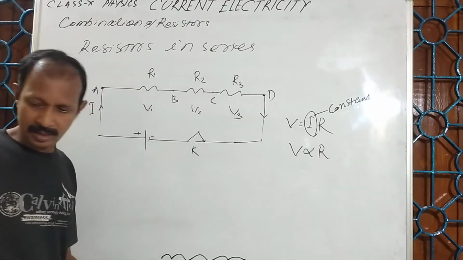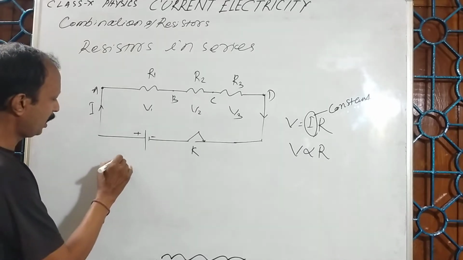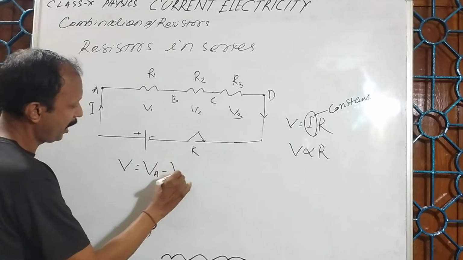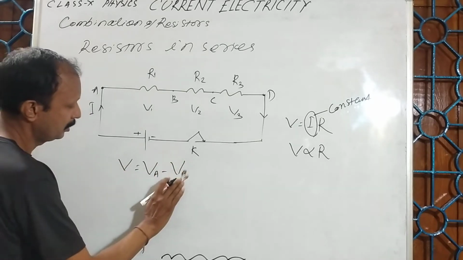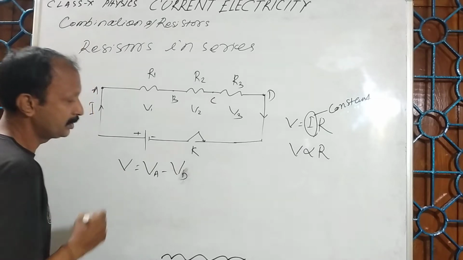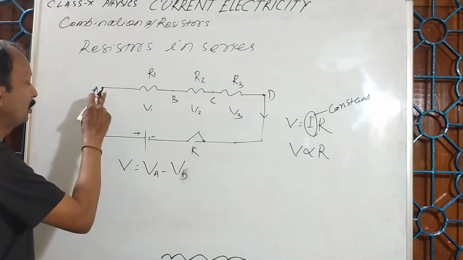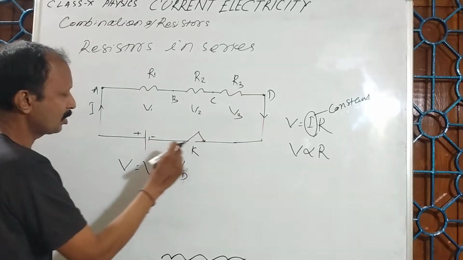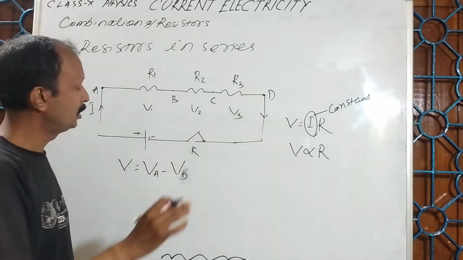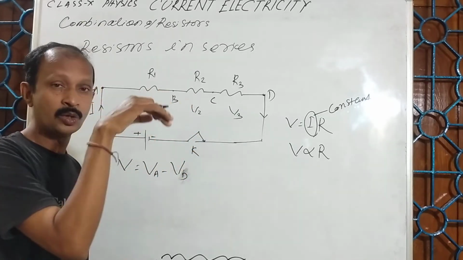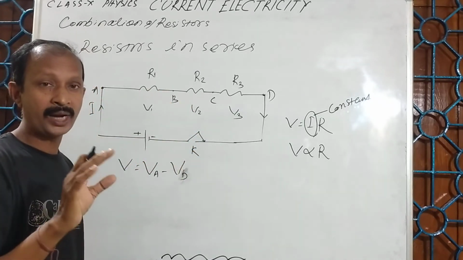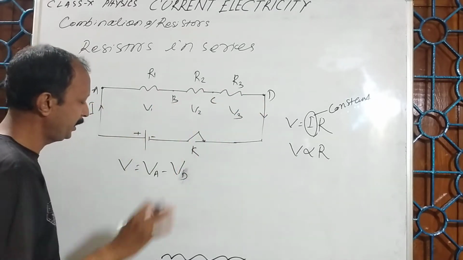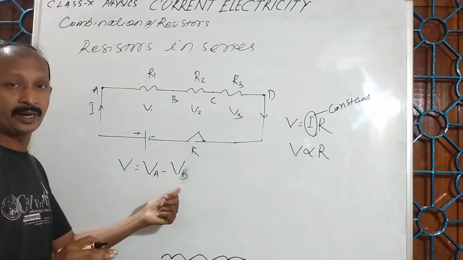The total potential can be written as the potential at point A minus the potential at point D, because terminal A is connected to the higher potential and terminal D to the lower potential through a key. Now the key is closed, the circuit is in working condition, and the potential difference between points A and D will be VA minus VD.